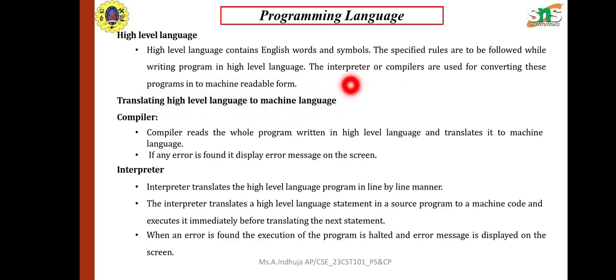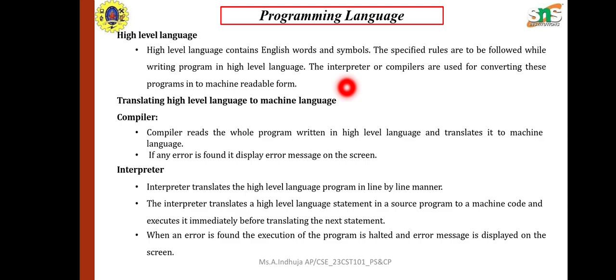The major difference between compiler and interpreter is that the compiler converts the source code into object code. That is, it converts the high level programming language to machine understandable zeros and ones in one single stretch.